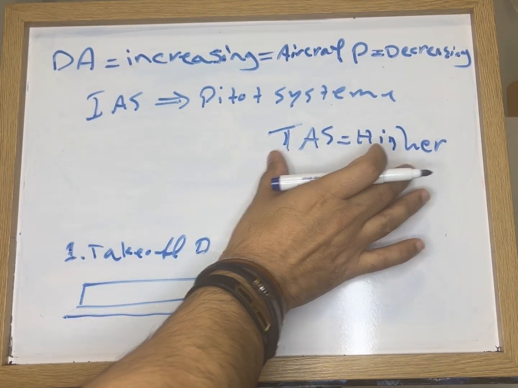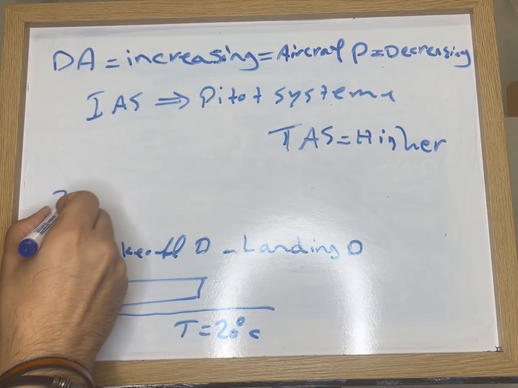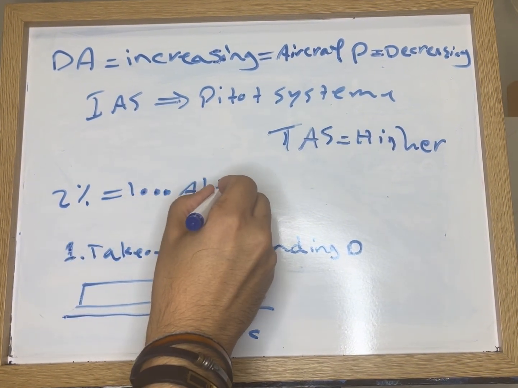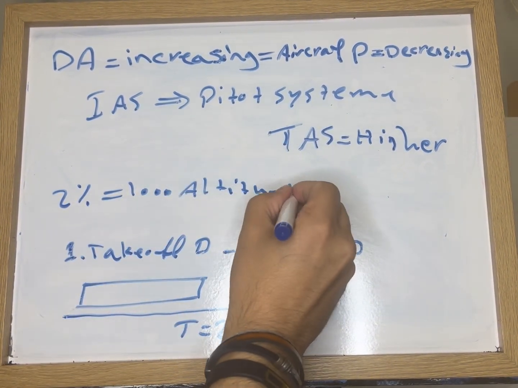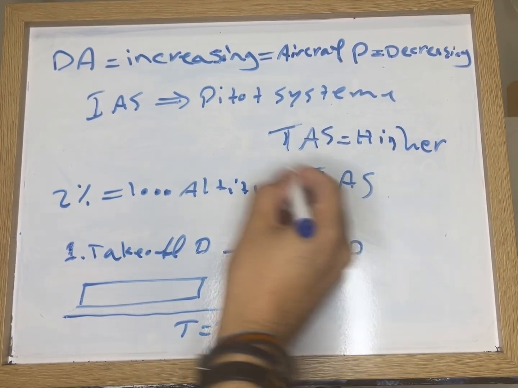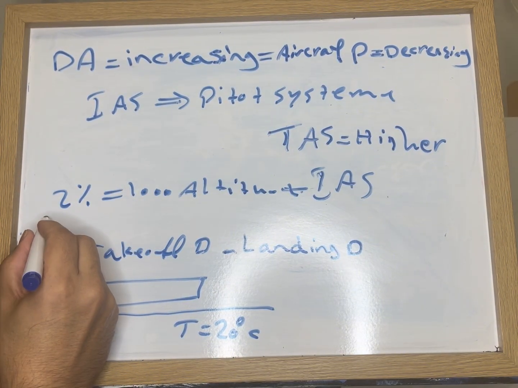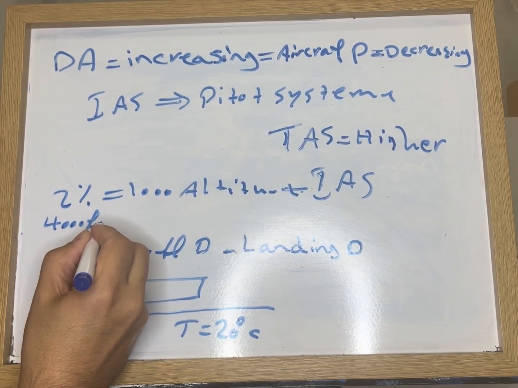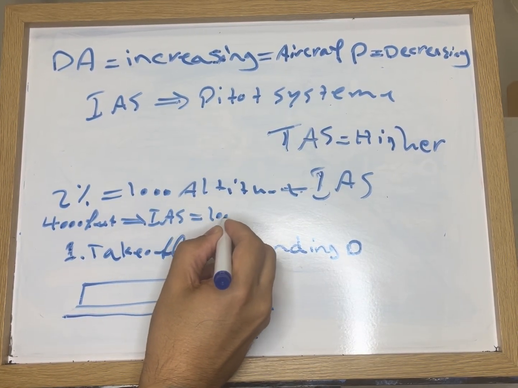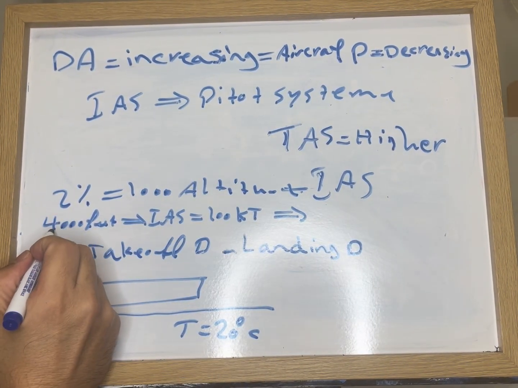And why is true airspeed higher than indicated airspeed? Because we need to add 2% for each 1000 feet of altitude to indicated airspeed. For example, if you are at 4000 feet and indicated airspeed is equal to 100 knots, true airspeed should be 2% higher than indicated airspeed for each 1000 feet.